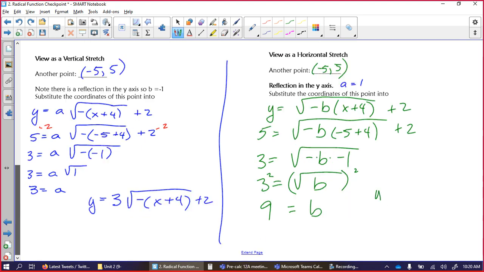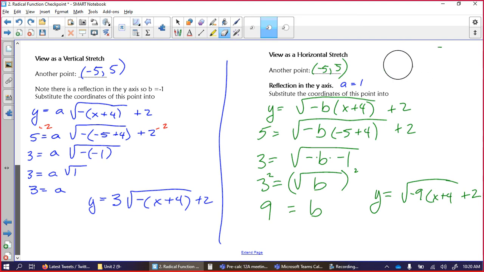Okay. Y equals, and that sort of makes sense. The square root of 9 is 3. Square root of negative 9x plus 4, plus 2. Equivalent algebraically because this is the square root of negative 1 times 9, and I can take that out without worrying about taking the square root of a negative number.